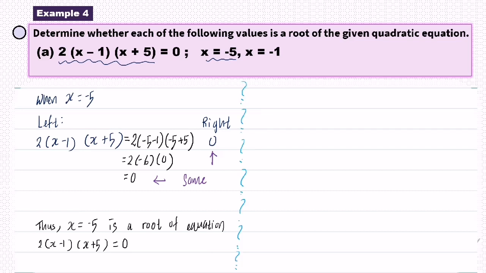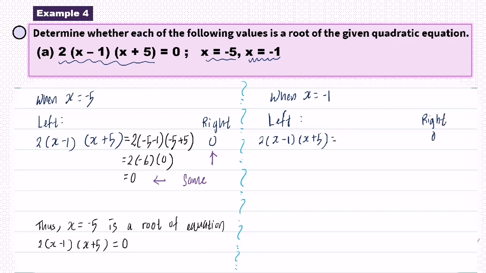Now we try s equals negative 1. So when s equals negative 1, at the left hand side, 2 bracket s minus 1 bracket s plus 5, and the right hand side we have the value of 0.